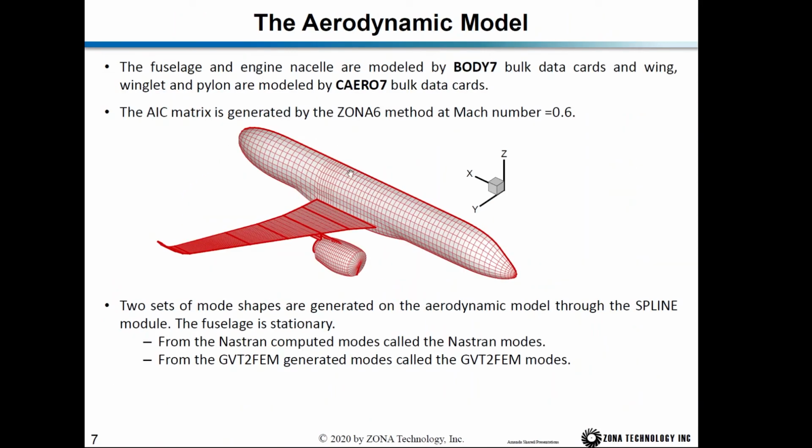And this is the aerodynamic model. Two sets of mode shapes are generated on the aerodynamic model through the spline module: the first from the FEM computed modes, called NASTRAN modes, and the second from the GVT to FEM generated modes, called the GVT to FEM modes.